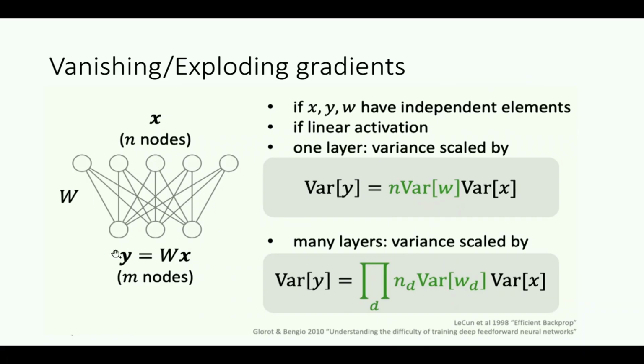Because we're doing another layer of y2 equals w times y, when we stack these layers together, the variances of the different layers' weights are also multiplied together. So at the end of the deep neural network, the variance of your output really depends on the multiplication of the variances of the intermediate weight matrices.